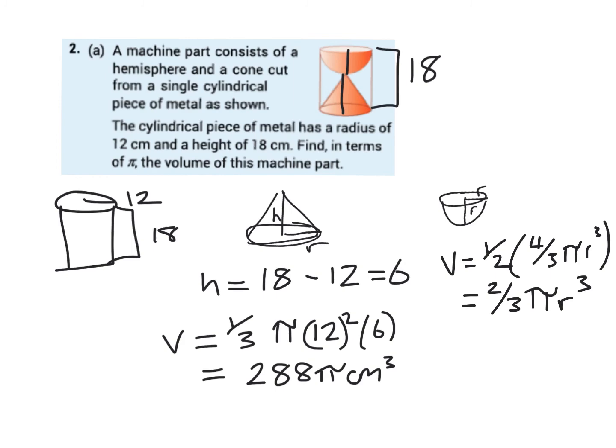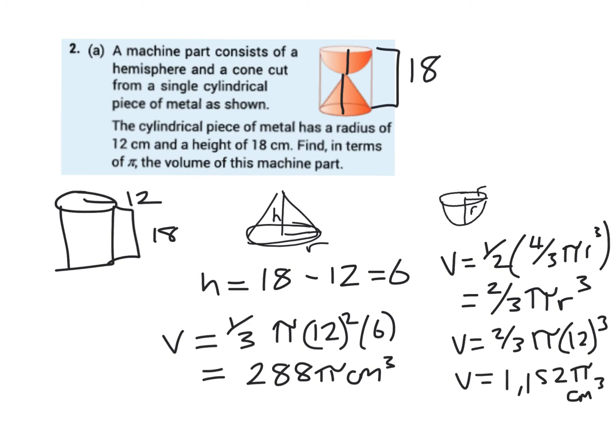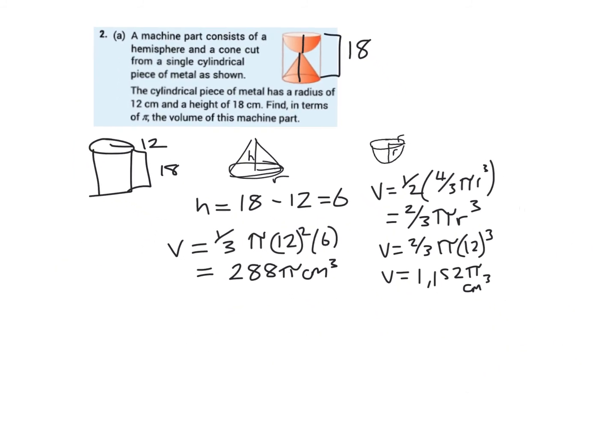Okay, so from that we already know what r is, so my volume is going to be 2/3 pi by 12 cubed, and when I put all that into my calculator, I'm going to get 1,152 pi cm cubed.